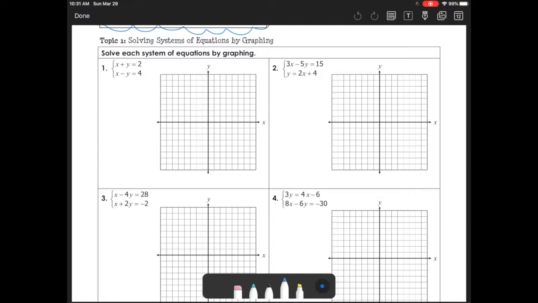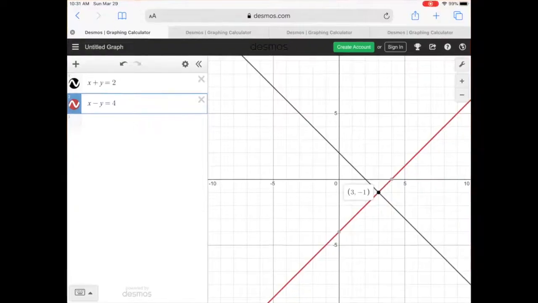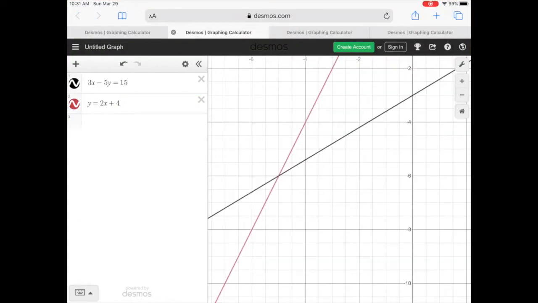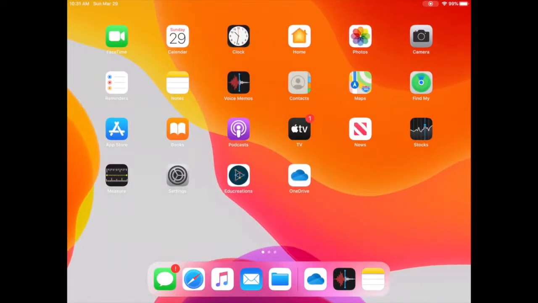For number 2, we have 2 intersecting lines, and if you click on where they intersect, we have negative 5, negative 6. So our solution is negative 5, negative 6.